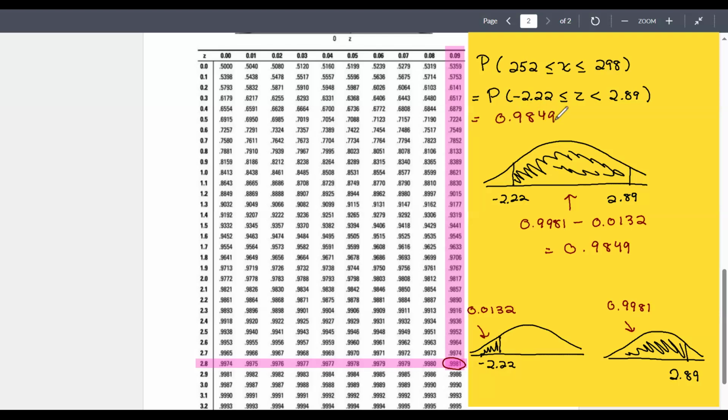So the proportion of pregnancies that last between 252 and 289 days is going to be 0.9849, or 98.49%. So the chances are if someone was pregnant that their pregnancy would last between 252 and 289 days, basically making it full term, is 98.49%, which is really kind of what we would expect to see. We would expect that a large proportion of pregnancies make it to full term.